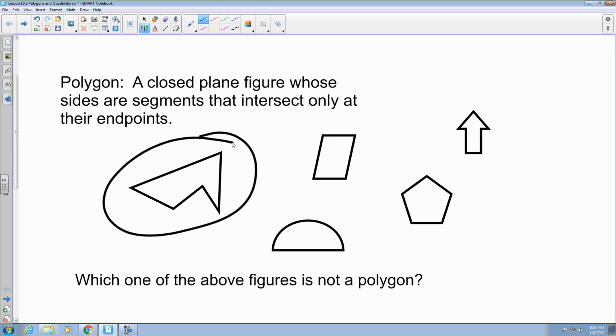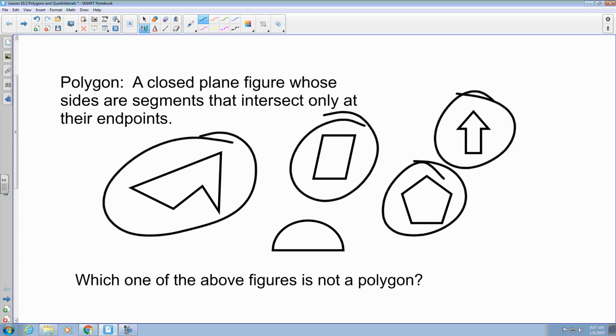Every single endpoint is a line segment and it connects to their endpoints. This one here is also all line segments, all line segments, all line segments. The only one that doesn't have a line segment is this one. And the reason for that is we have this curvature right here that is not a line segment.